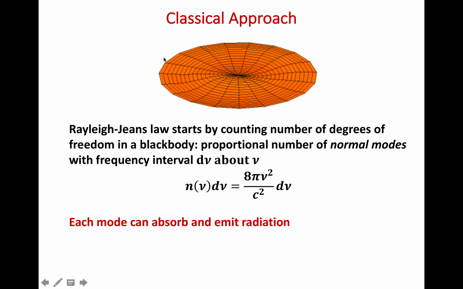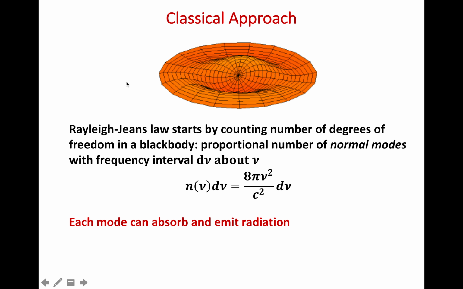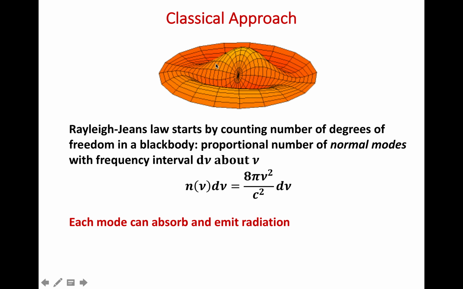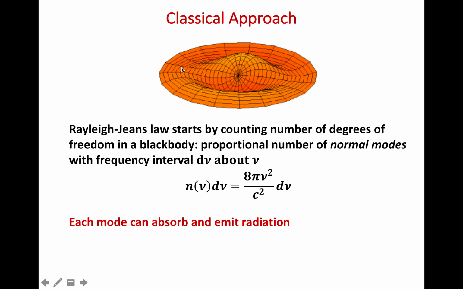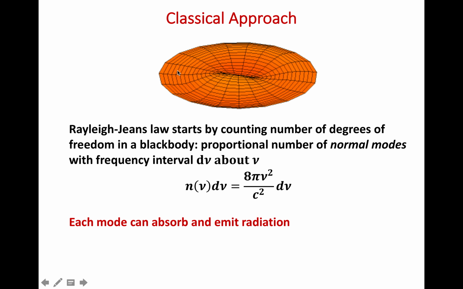So here was the idea that people were using at the time. They had this notion that I can have this sort of vibrational type motion, what we call normal modes of my object. Any solid is going to have these normal modes, right?